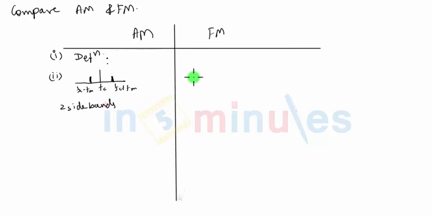But in case of FM, we have multiple sidebands, so we have to show multiple sidebands. Theoretically, there are an infinite number of sidebands, but if you remember, we use something called Carson's rule, and we truncate the bandwidth and keep a finite number of sidebands. So on this side, we can simply mention multiple number of sidebands.